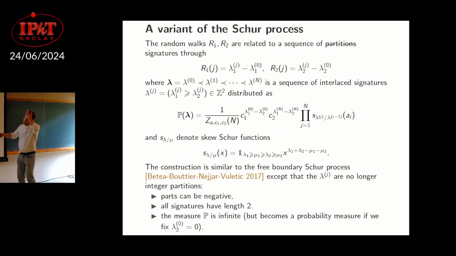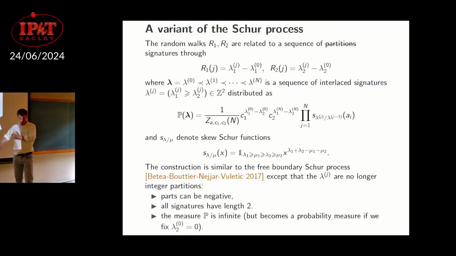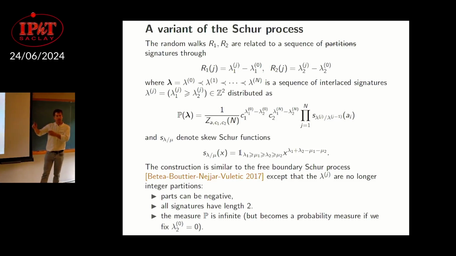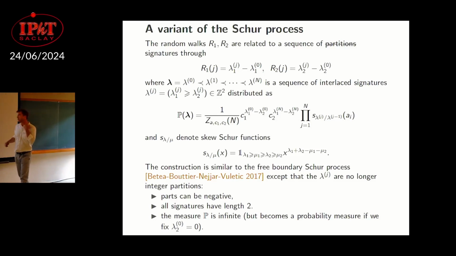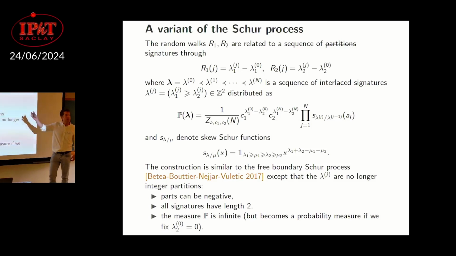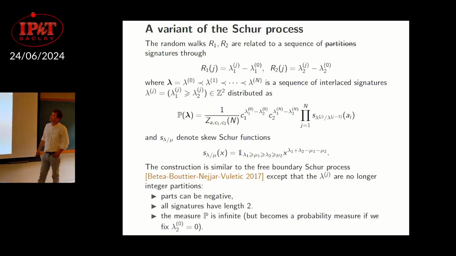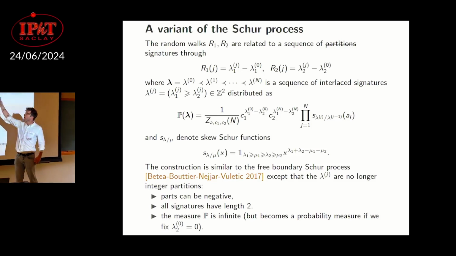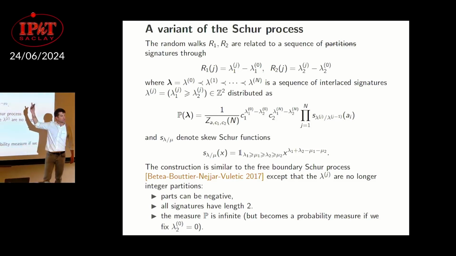There is another way to describe the stationary measure, to describe those two random walks R1 and R2. R1 and R2 are related to a sequence of what I call signatures, so they are not exactly partitions. More precisely, we'll have some array of numbers, lambda 1j and lambda 2j.